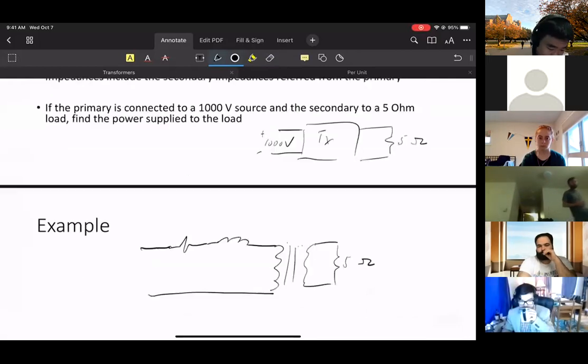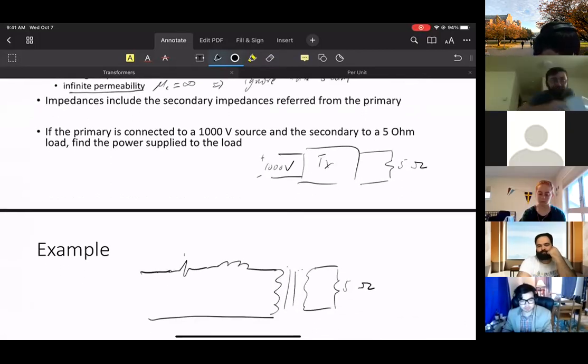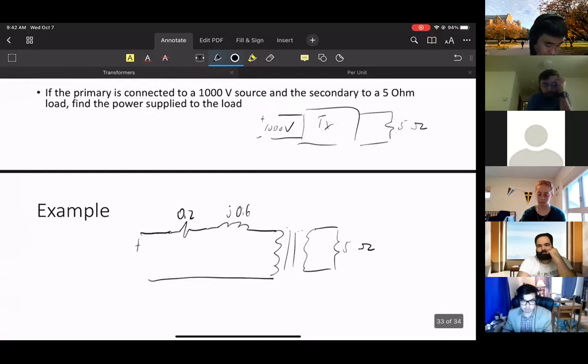The question tells us the parameters to use for the resistance and the leakage impedance. So this is 0.2, this is j0.6. These are told in the question. We put in 1,000 volts, and we want to know the power we deliver to the load.